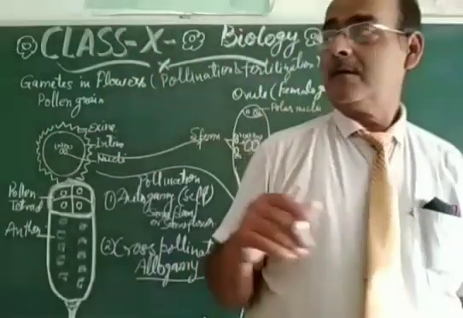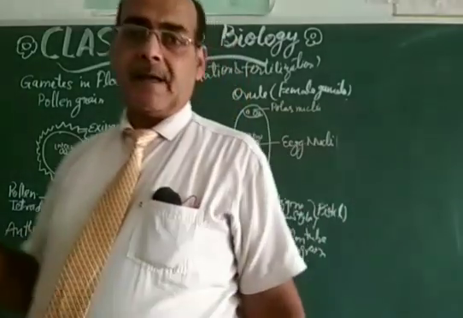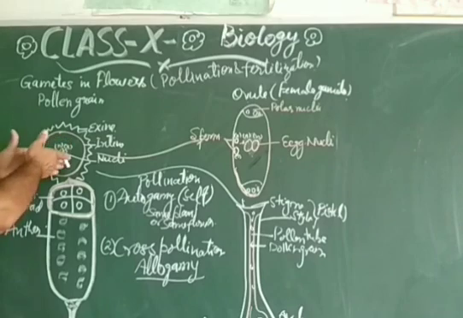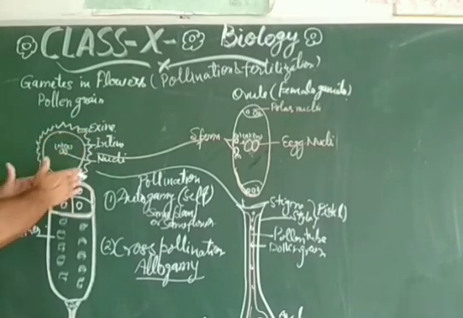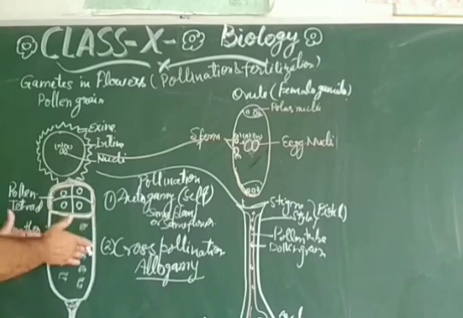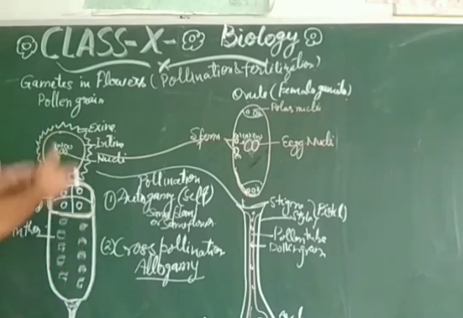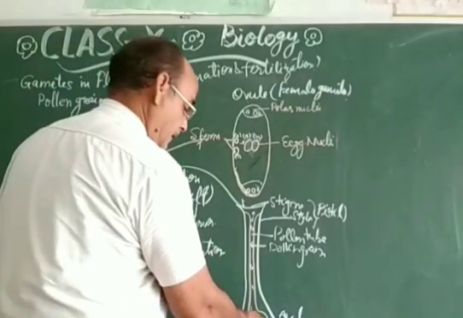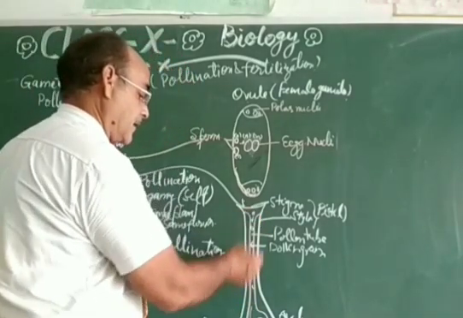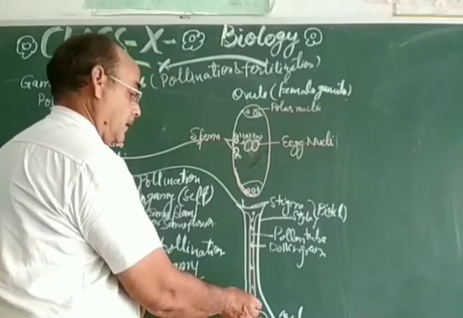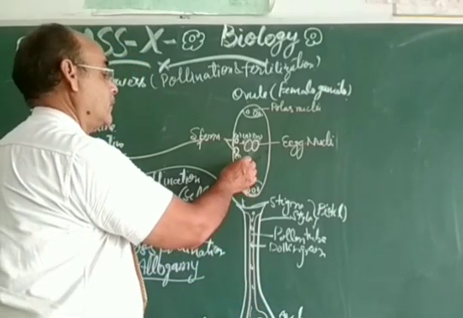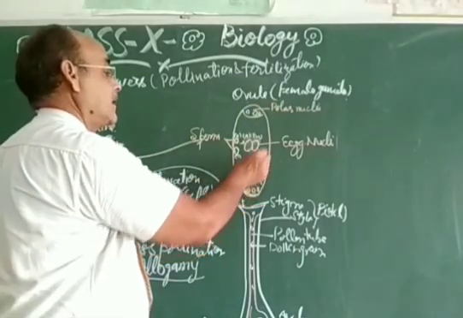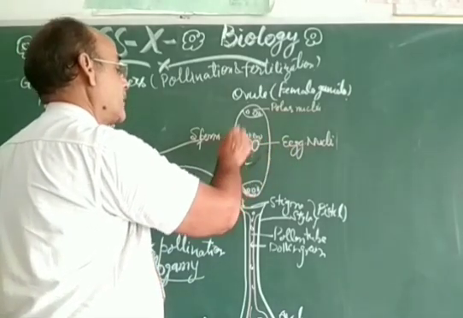So my dear student, have a recap once again. This is the male gamete having two nuclei inside the pollen grain. Pollen grains are present in the tetrad form in the anther, what you are looking at over here. And this is the ovule that is formed in the ovary, in the gynoecium. This single ovule has the polar nuclei for nourishment and egg nuclei for the fertilization purpose.